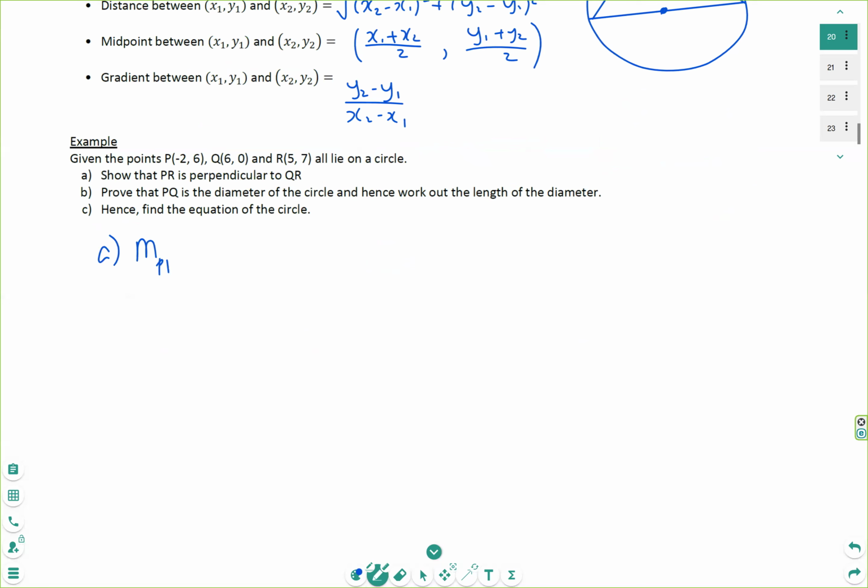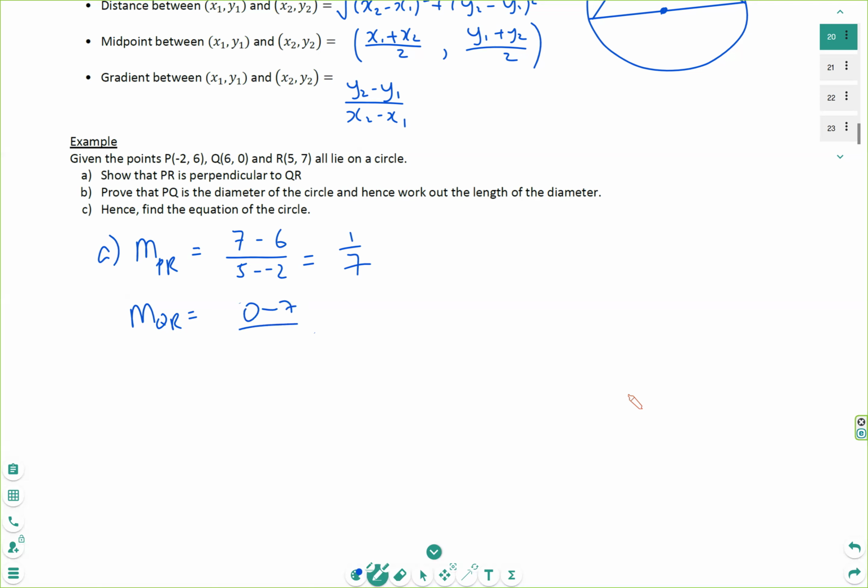The gradient of PR equals y2 minus y1 over x2 minus x1. Put it in the calculator, you get 1 over 7. And then you do the gradient of QR. So gradient of QR is 0 minus 7 over 6 minus 5, which is negative 7. Am I right? I used the wrong coordinates, I'm just checking to see who is listening. Obviously I don't make mistakes, but you do.